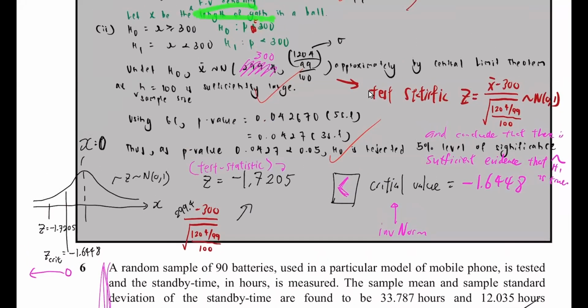That the length of yarn in a ball is less than 300. Here, I'm lazy, so I write down H1. But you should say sufficient evidence that the length of yarn in a ball is less than 300. You don't need to write is true, just phrase it in a grammatical way.